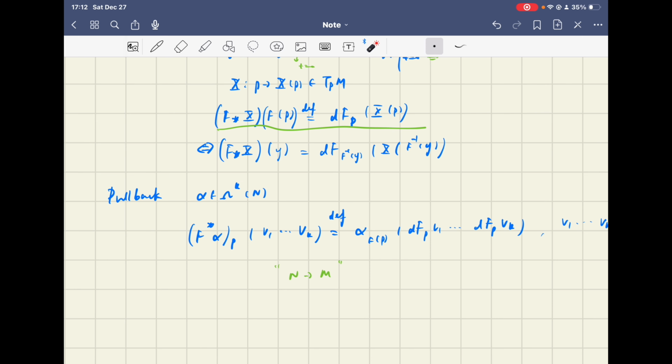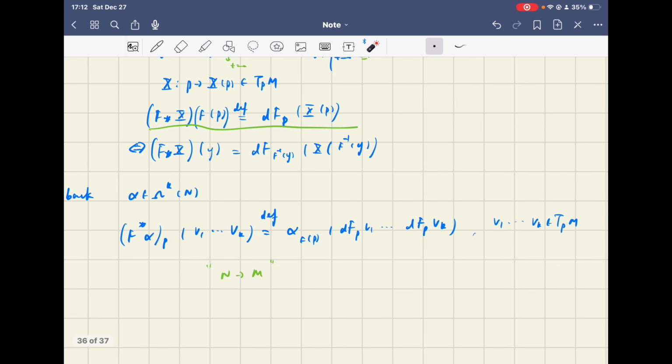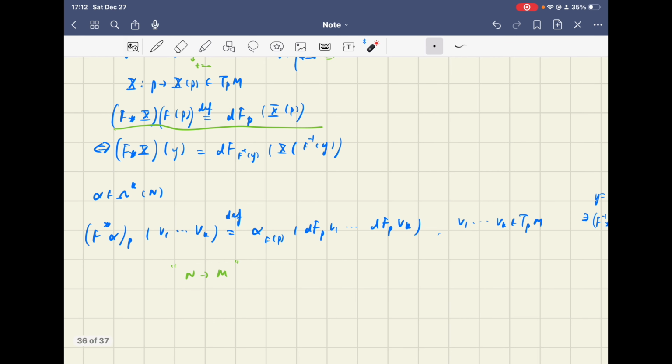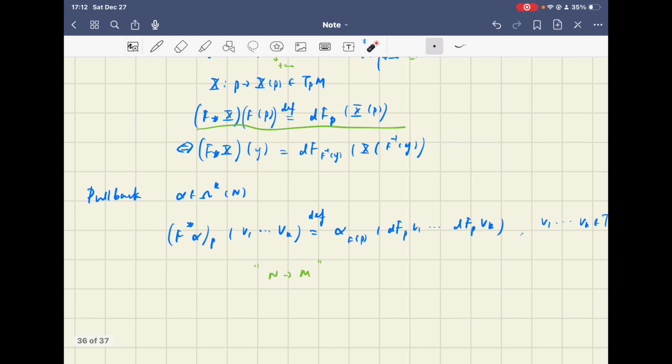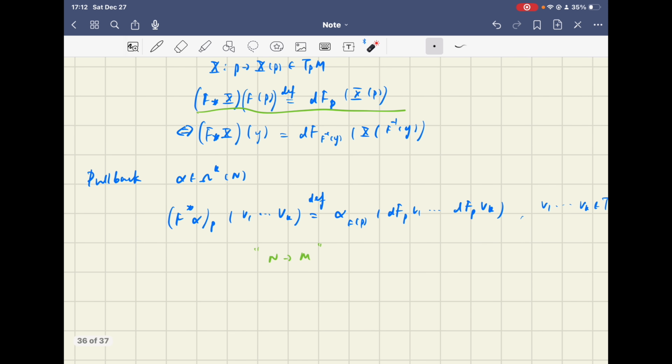The tangent vectors v1 to vk will be tangent vectors at manifold N, because you want alpha to operate on them. So you first need to push the K tangent vectors to the manifold N so that alpha could act on them. The corresponding point will be f(P), because alpha is defined on the manifold N.